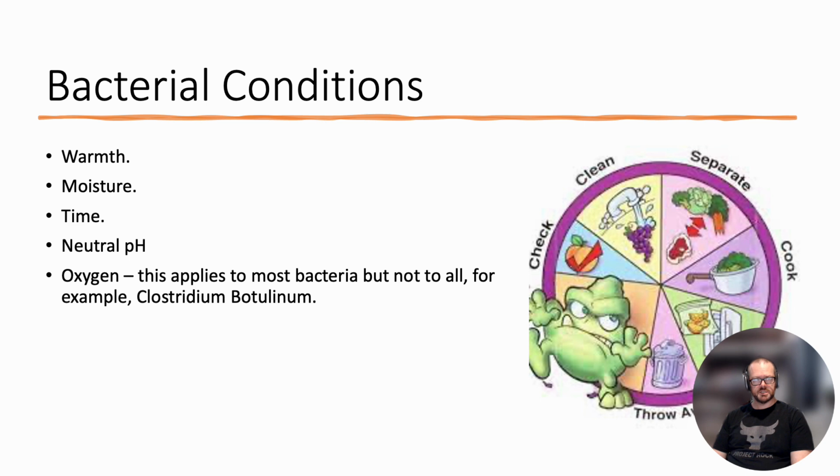Here we go, bacterial conditions. In general, we talk about these five environmental conditions being the ones that are necessary for the development of microbiological contamination. Not all of them are needed, though. Some bacteria and viruses don't need all of these to grow exponentially. But in general, warmth. This is why we talk about keeping food in the fridge or in the freezer at under 5 degrees.